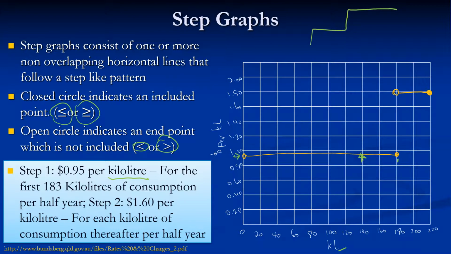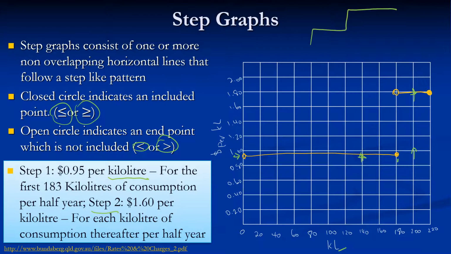Now the second step is $1.60 per kilolitre after the 183. So if we're looking at, for example, 200 kilolitres, you're going to be charged $0.95 for the first 183 kilolitres, and then for every kilolitre after that, you're going to be charged $1.60.